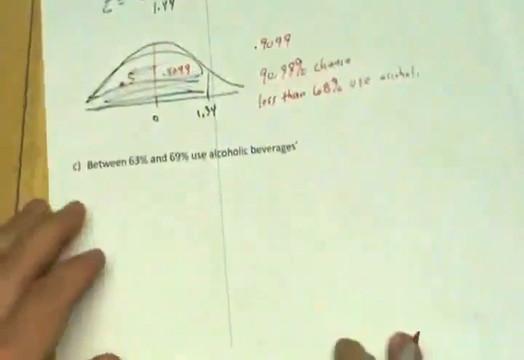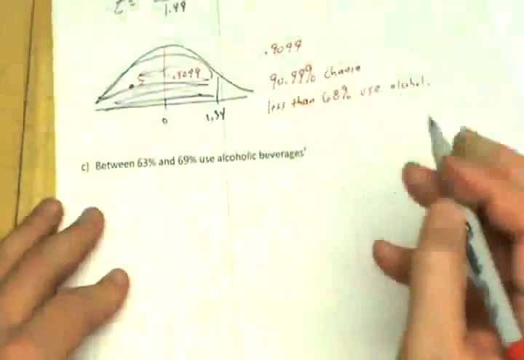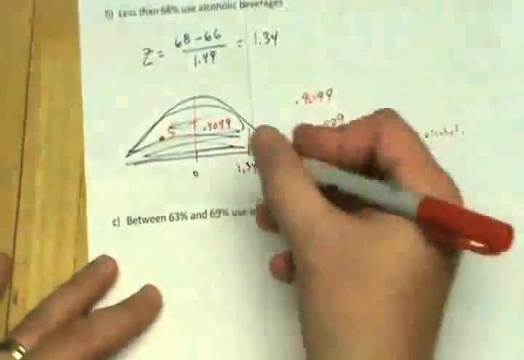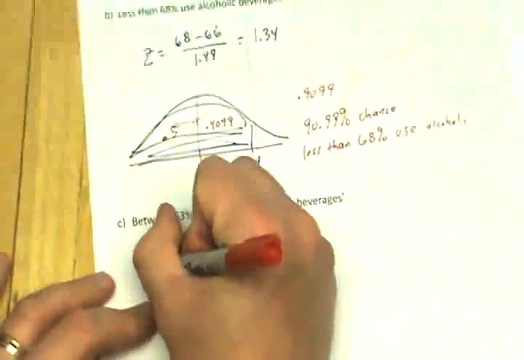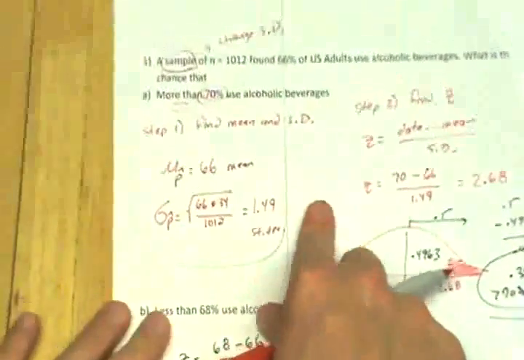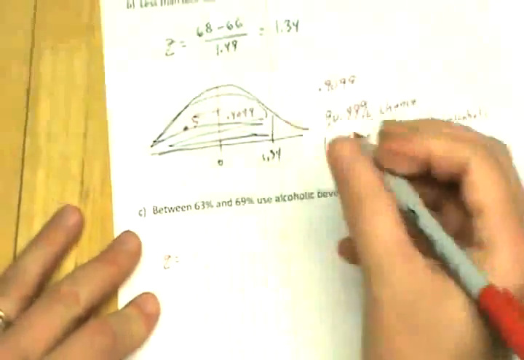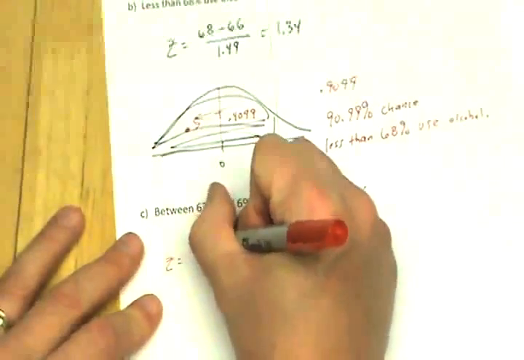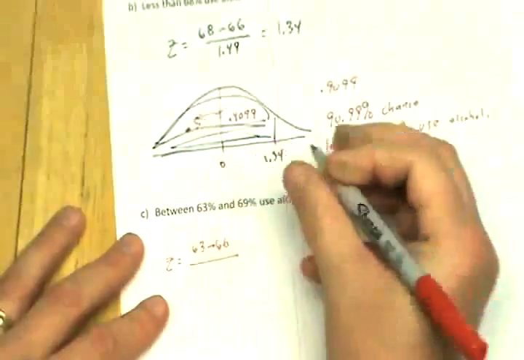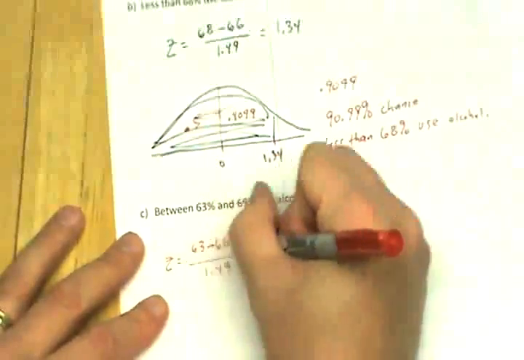Cool. What's the chance that it's between 63 and 69%? All right, so we got to find two separate z-scores. We got to find the z-score for 63. We already know the mean. We already know the standard deviation because we already calculated that based on the question for number 1. So we're just going to repeat those. Data, 63, minus the mean, 66, and the standard deviation is 1.49.